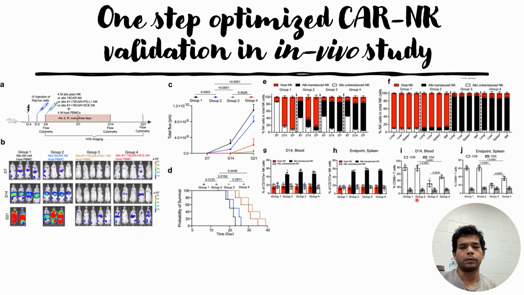This result also makes logical sense of why group 3 behaves more superiorly than the other cases, although group 3 and group 4 are almost similar in terms of tumor suppression and survival rate.